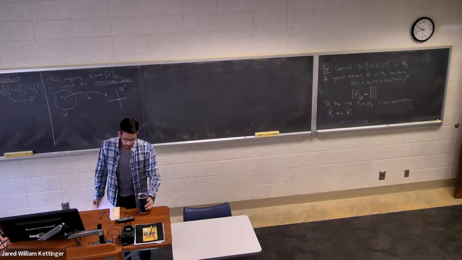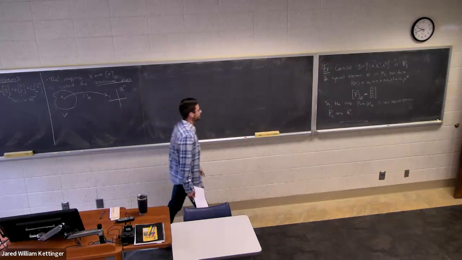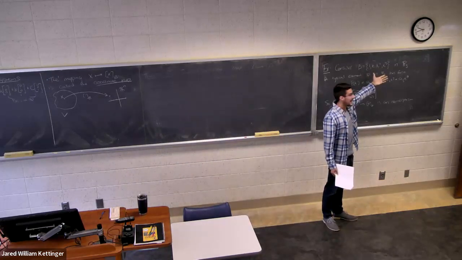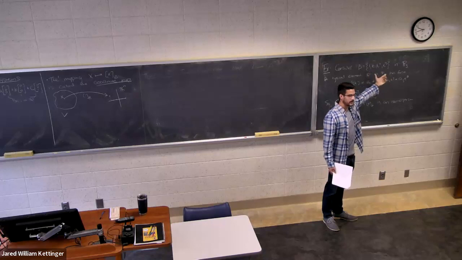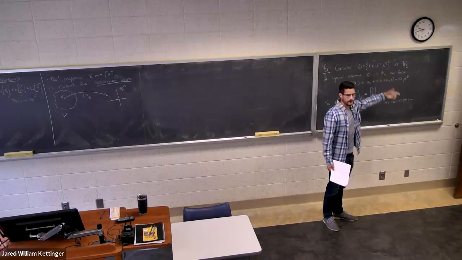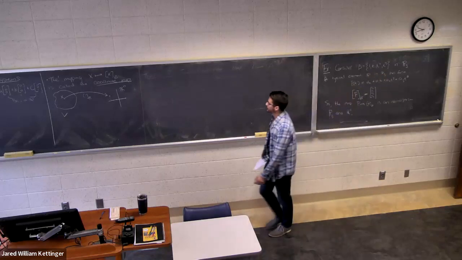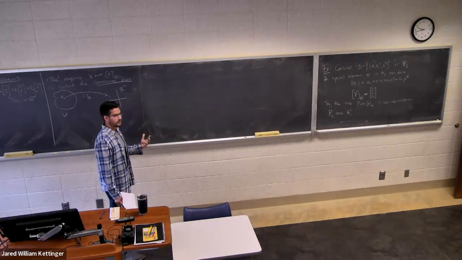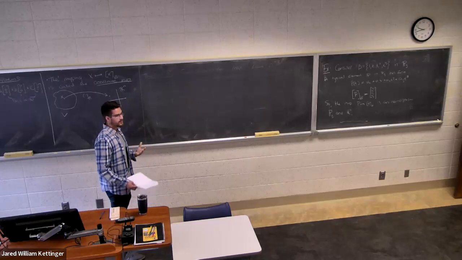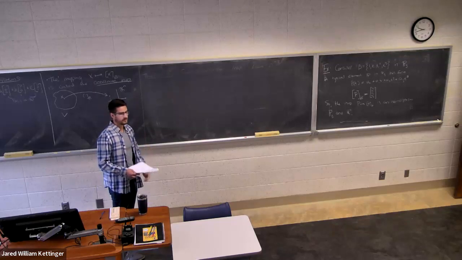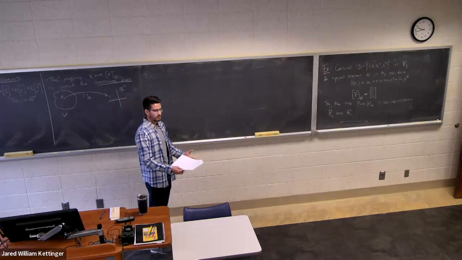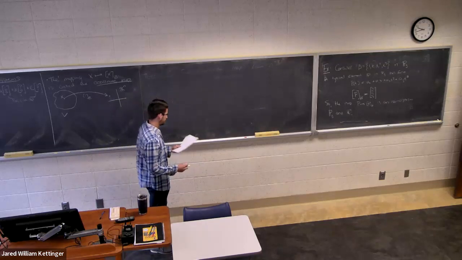Mm-hmm. And that's because of the size of our basis. It turns out any basis in P3 is going to have size 4. That'll be material for the next section. And any basis in P2 is going to have size 3. It turns out all you need to know is the size of the basis, which has to be unique, to know it's going to be isomorphic to Rn, where n is the size of that basis.